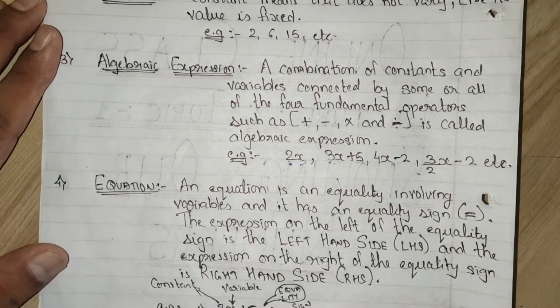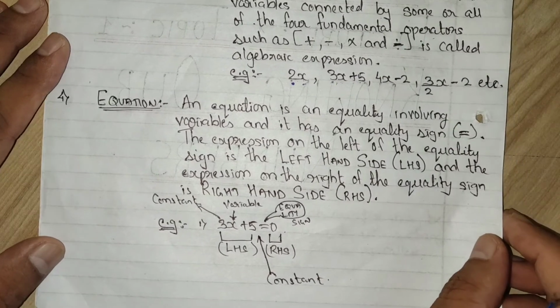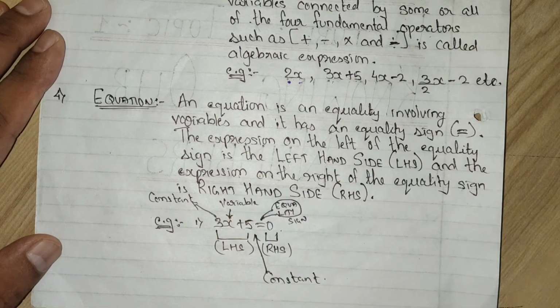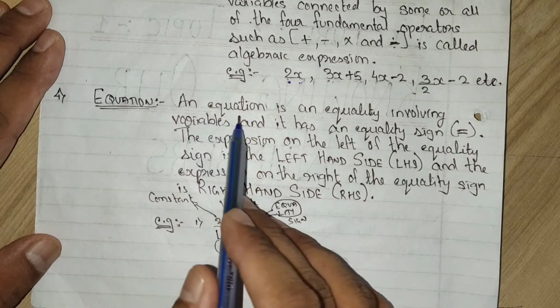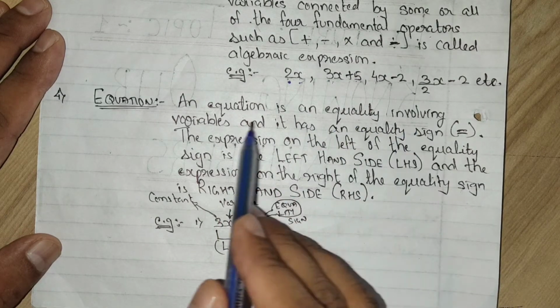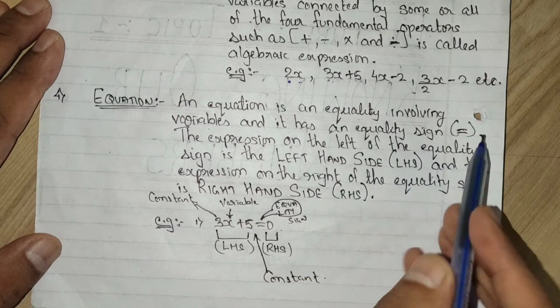Now students, let us move to the 4th point, that is equation. Let me first read out, then try to explain with the example. An equation is an equality involving variables and it has an equality sign.